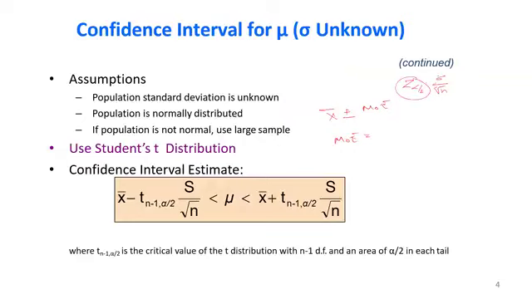This was the reliability factor and this was the standard error. Now in the case of the T distribution, the margin of error is t with n minus 1, alpha by 2, and instead of sigma by root n, we go with s by root n. This is my standard error, and this would be my reliability factor.